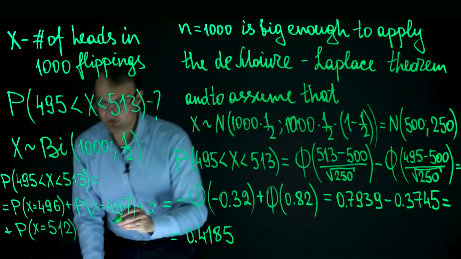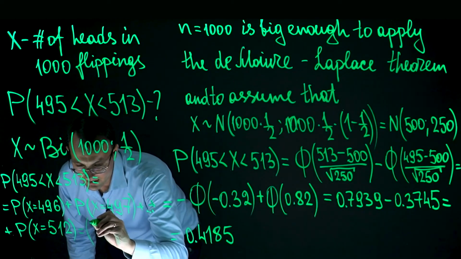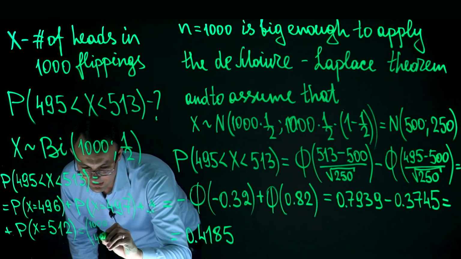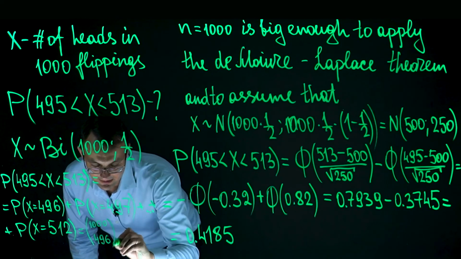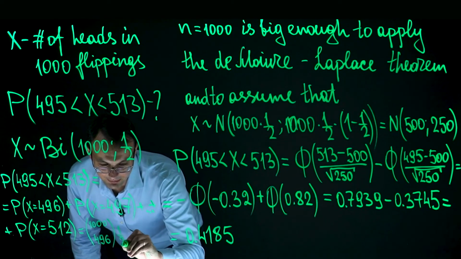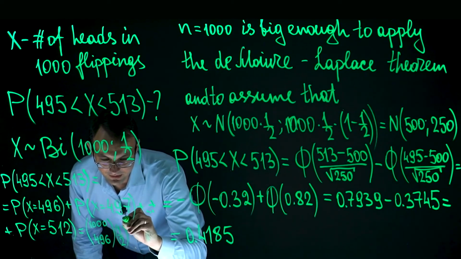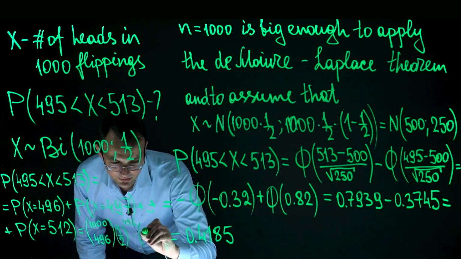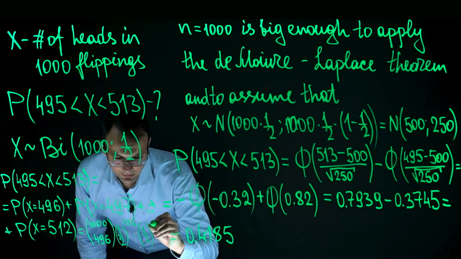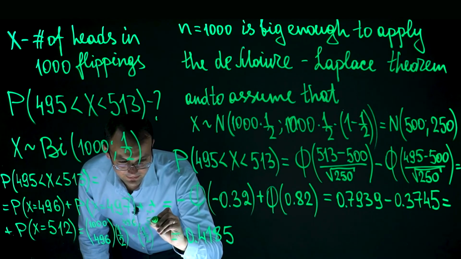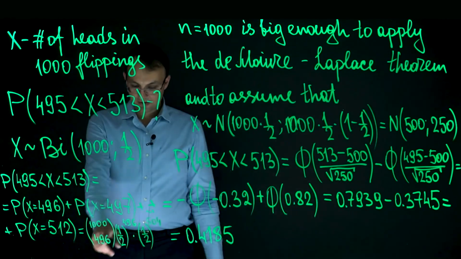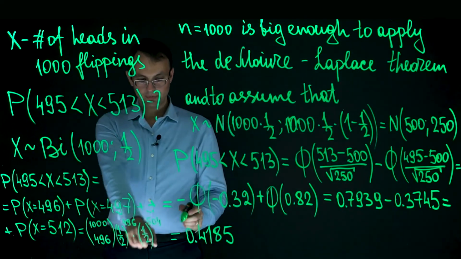So the first one is 1000 choose 496 times 1/2 to the power of 496 times 1/2 to the power of 504. And this is only the first probability.